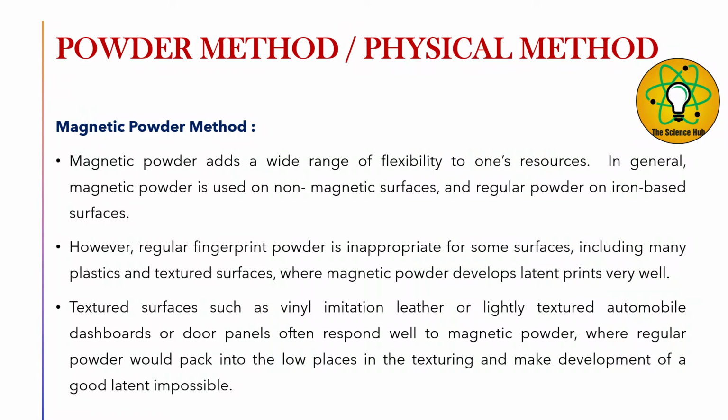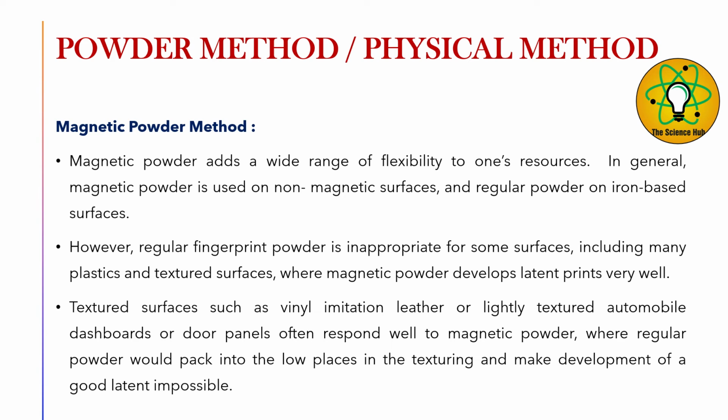Magnetic method. Magnetic powder adds a wide range of flexibility to one's resources. Magnetic powder is used on non-magnetic surfaces and regular powder is used on iron-based surfaces. However, regular fingerprint powder is inappropriate for some surfaces including many plastic and textured surfaces where the magnetic powder may help make the latent print visible very well.